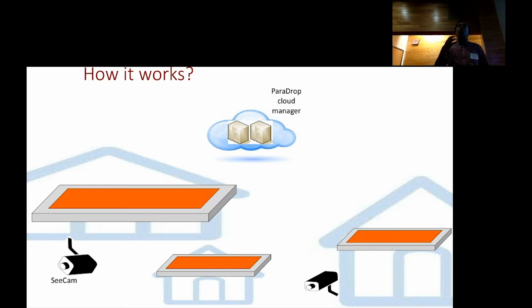The video from this camera will only go locally to the ParaDrop router, where CCAM will create an application. That application will receive this video stream, process it locally, and decide whether an intruder was detected or not. If an intruder is detected, you alert the homeowner and so on.